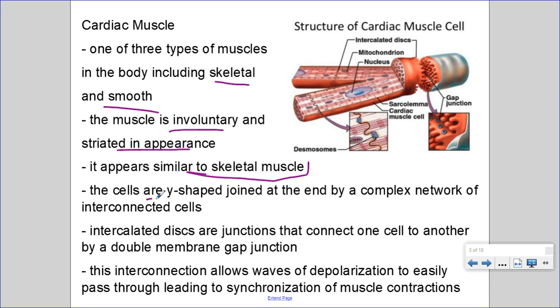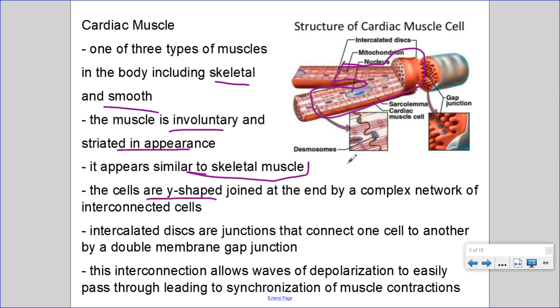So the cells are Y-shaped, not like your typical round shape or elongated, like literally it forms a Y. In the diagram here, I'm just going to draw a line here because this is the end of one cell. And then what I've outlined here is one entire cell. It's not exactly a Y, but it does have a Y shape to it.